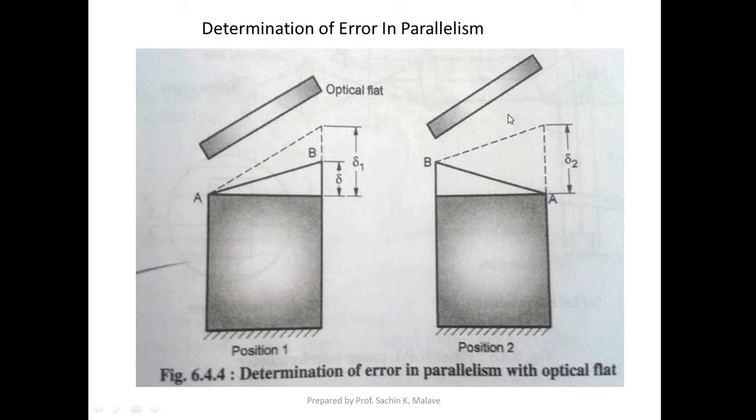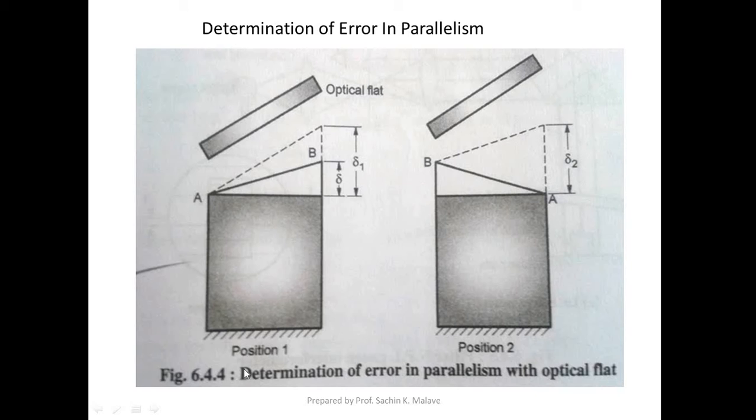Accordingly we will get more fringes, because the more the height between the surface of the object and the bottom surface of the optical flat, the more fringes will be seen. Let us say the number of fringes is n2. So delta 2 will be n2 lambda by 2, and we can easily find out the error in parallelism, which will be delta 1 minus delta 2 divided by 2.